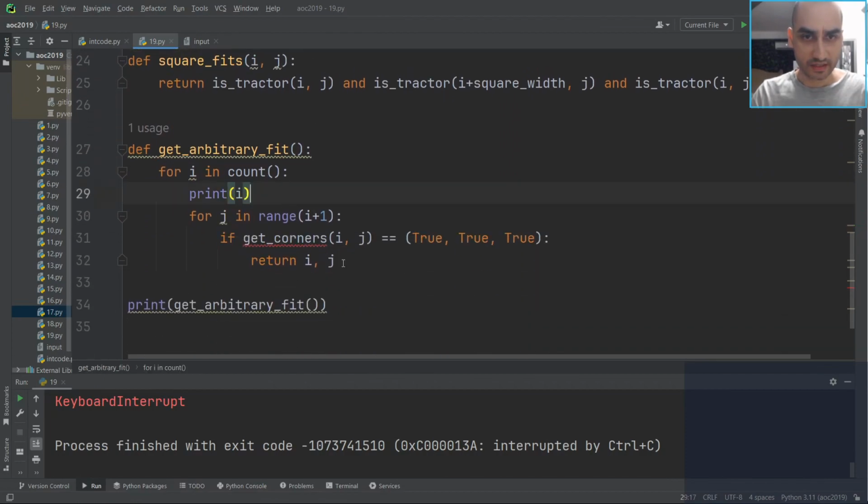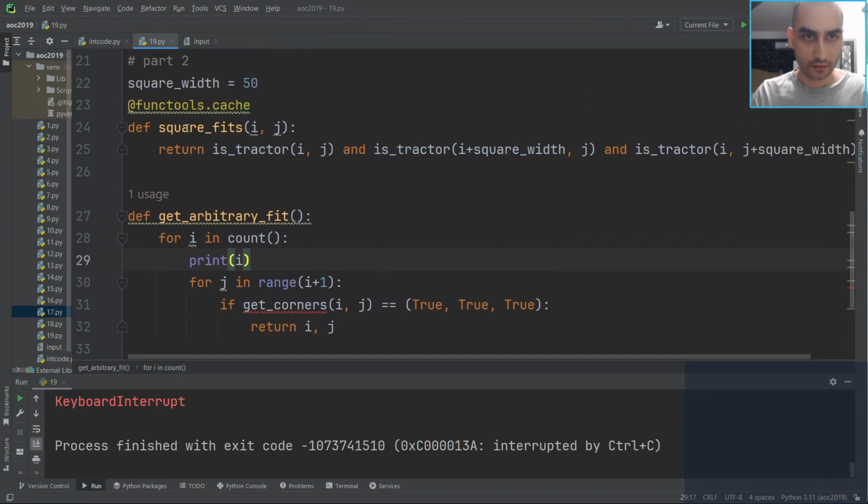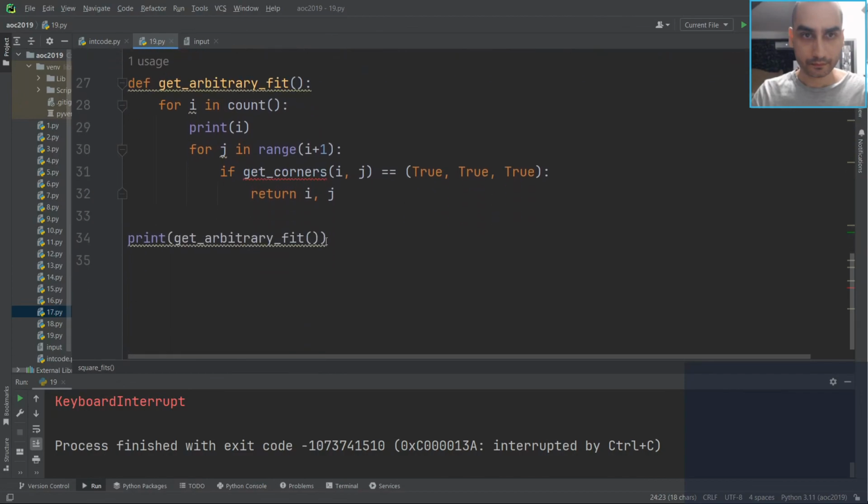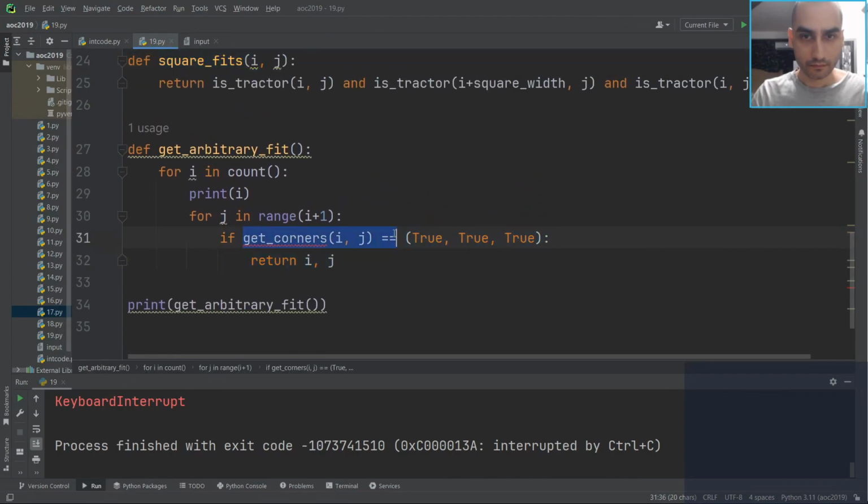So now it should be faster, right? So if square foot, so it won't keep, it will only... okay, let's try now.